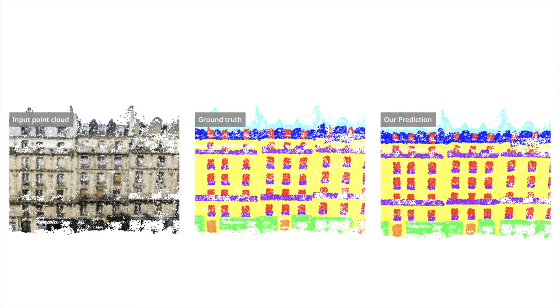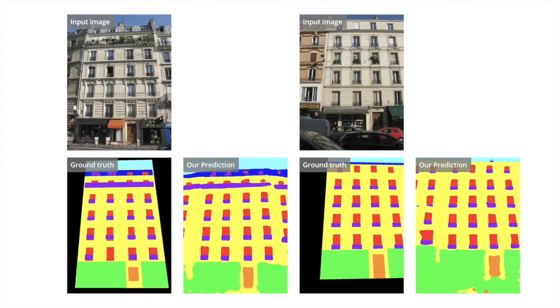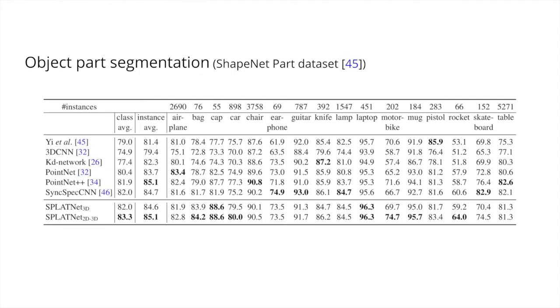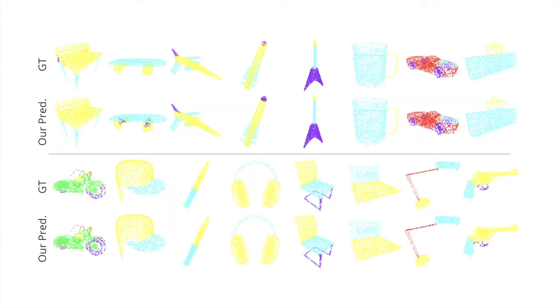Here, we show some examples of our predicted labelings on the point cloud, and some examples on the multi-view 2D labeling task. On the object part segmentation experiment, we achieved state-of-the-art performance in terms of both class average IOU and instance average IOU. Here, we show some visual examples. Thank you.